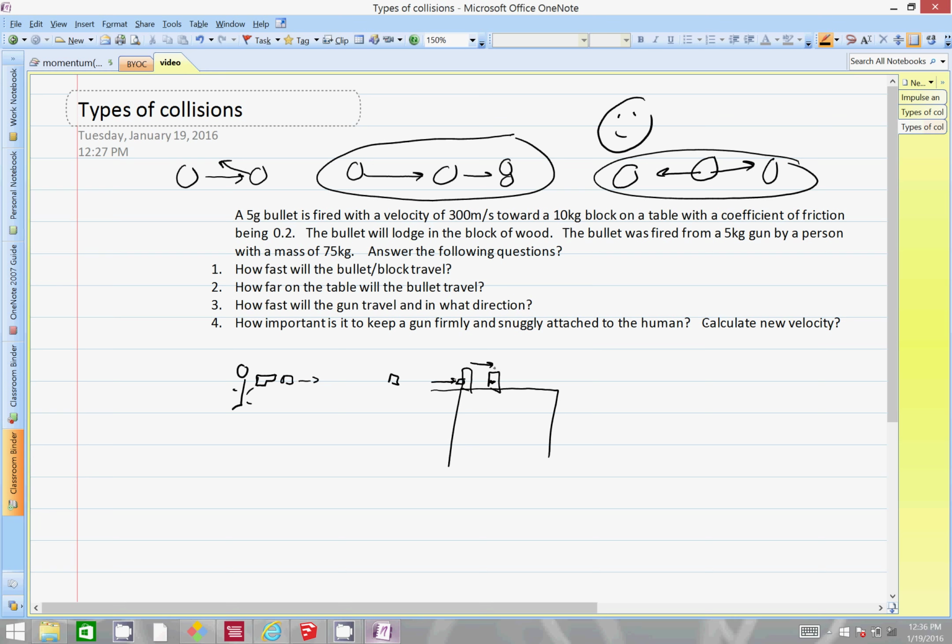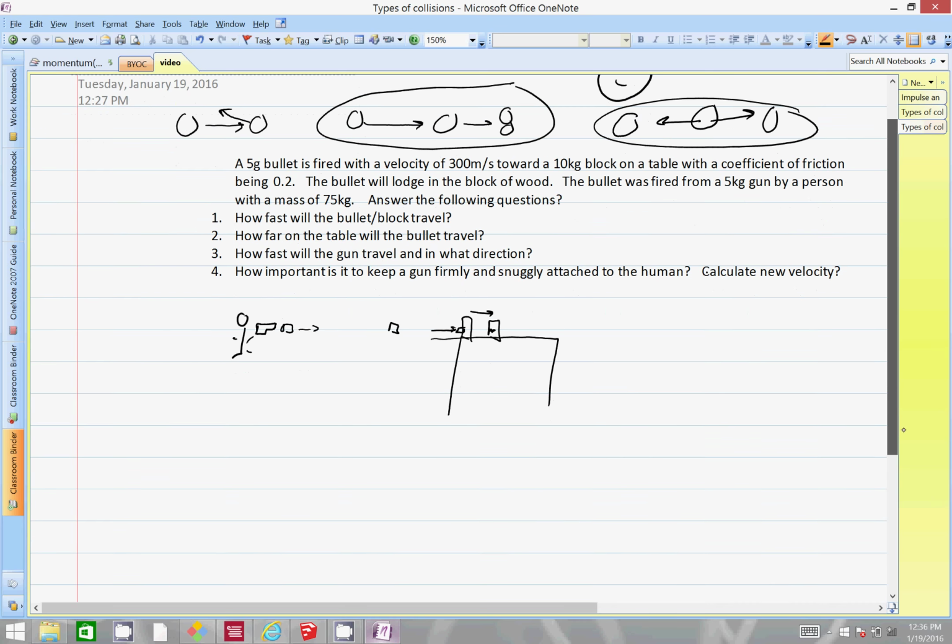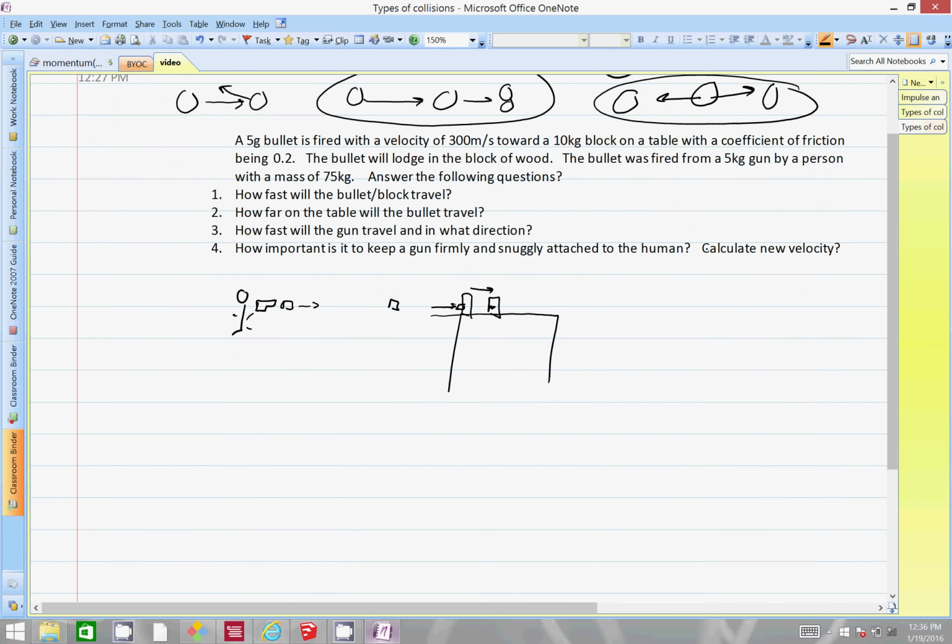So we have several questions here that we're going to try and answer. First one is, how fast will the bullet block travel? This is a typical collision, a completely inelastic collision. In this case, for problem number one, we have the momentum initial equals the momentum final.